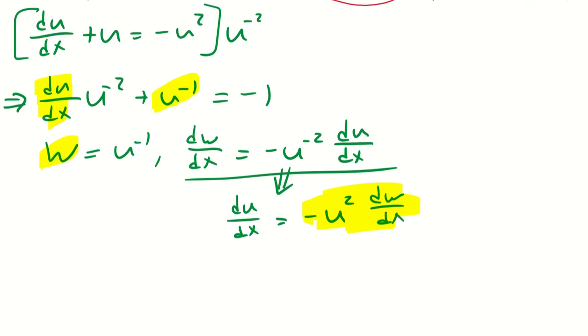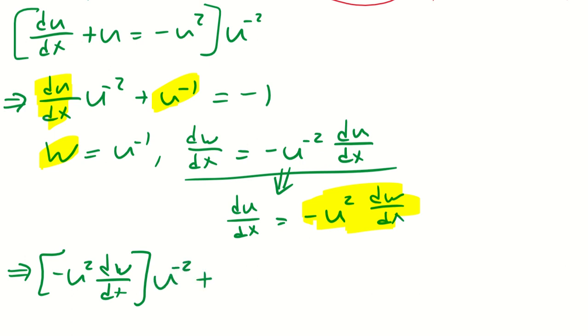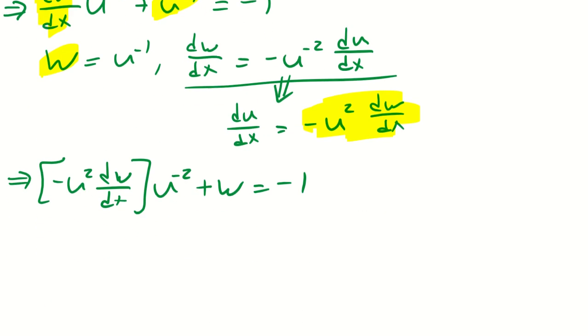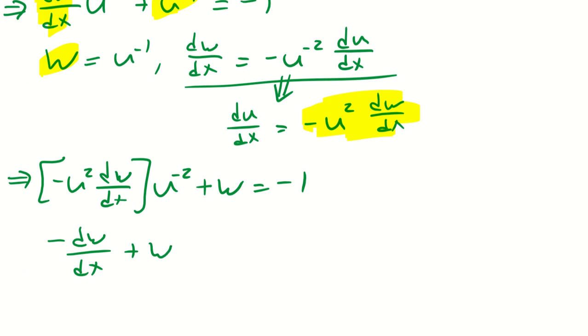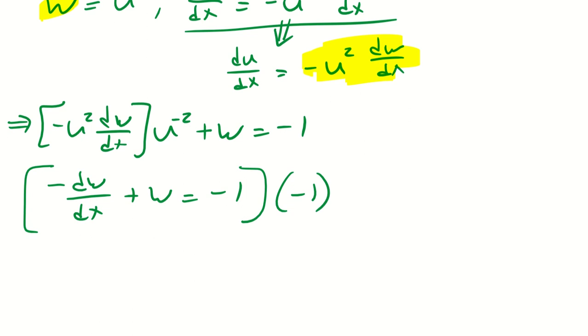So now we have minus u squared dw dx, and that's multiplied by u to the minus 2 power, plus a w is equal to minus 1. We'll simplify. So now we have minus dw dx plus w is equal to minus 1. Let's just multiply everything by minus 1. So now we have dw dx minus w is equal to 1.